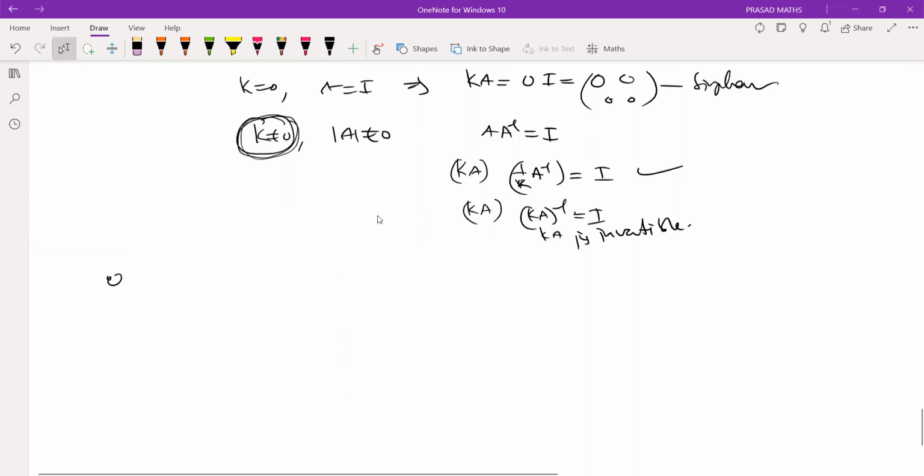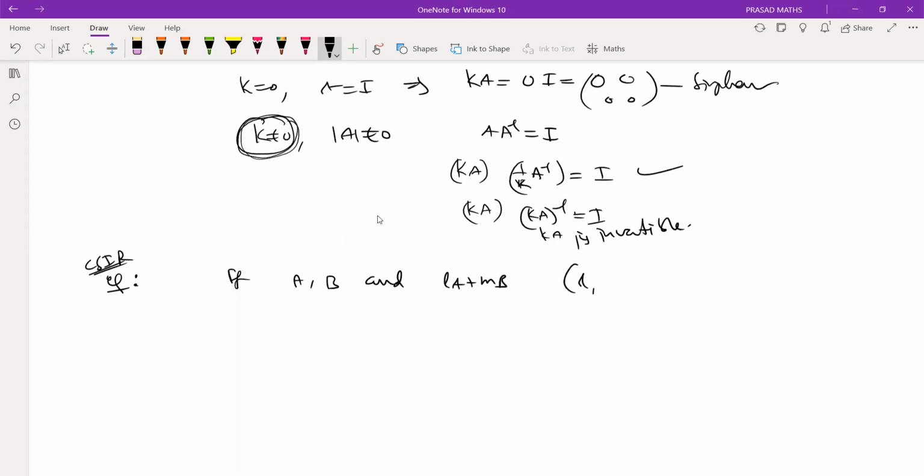Using this relation, this is a problem in CSIR 2014. If A, B and LA plus MB, where L and M are integers, are invertible, which of the following is true?